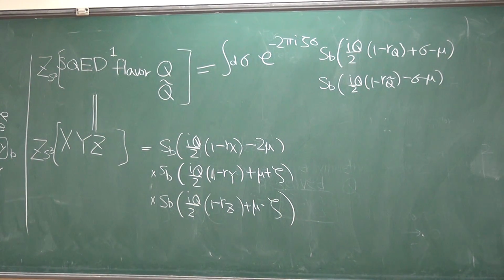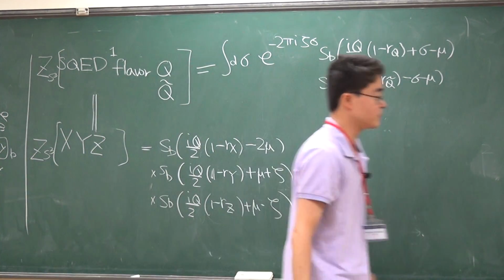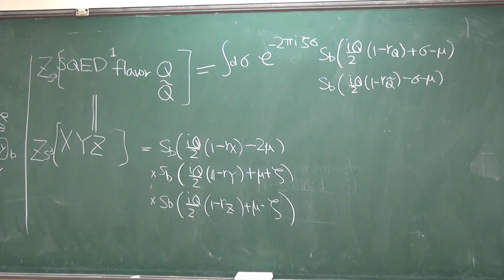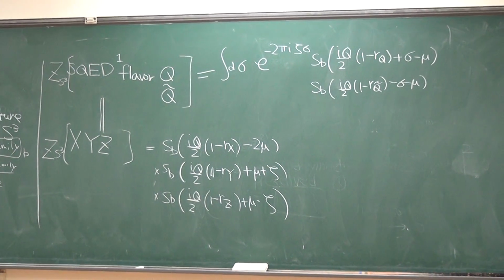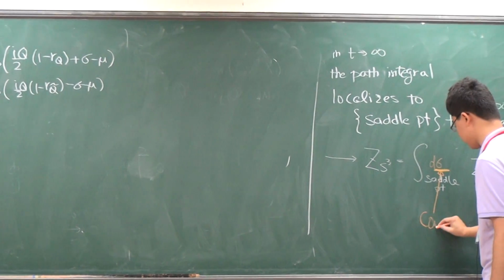First, as I said, there are three things. There's the integral over some parameters. And it turns out that this integral parameter is the same as the Coulomb branch parameter.